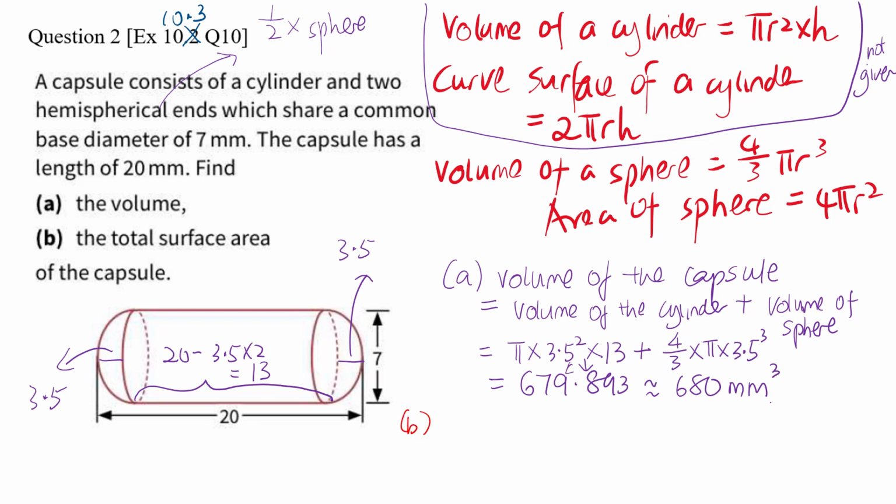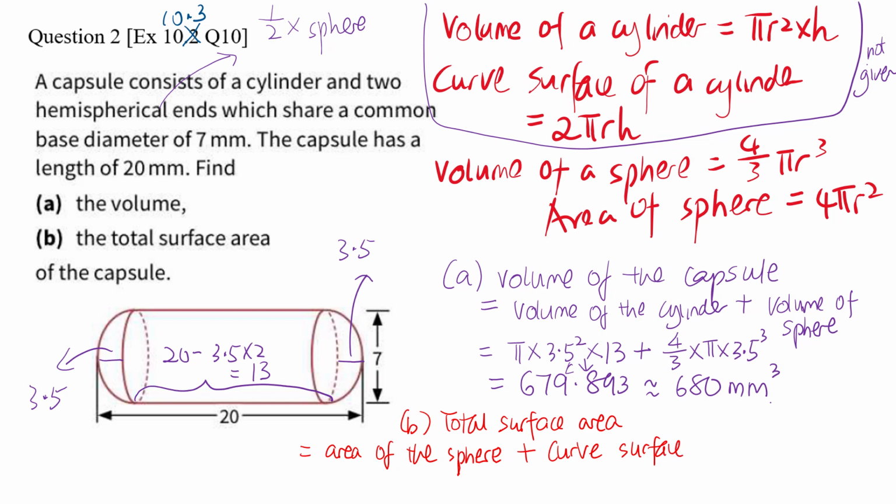to find the total surface area, that is equal to the area of the sphere, because the two hemispheres will join to become the sphere, plus the curved surface area of your cylinder. So the curved surface area refers to this part here.